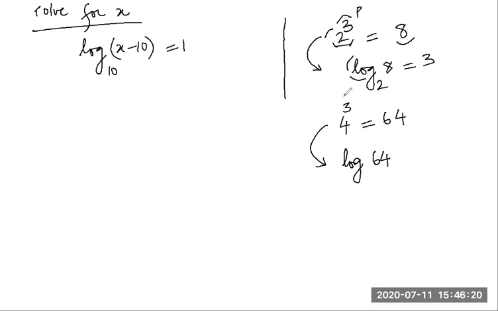No, sorry, no. 3 is the power. Falgun, you're wrong. 4 is the base. When you do x raised to power y, y is the power and x is the base. So x is the base here. Here also x will become the base, so here 4 will be the base, is equal to 3.